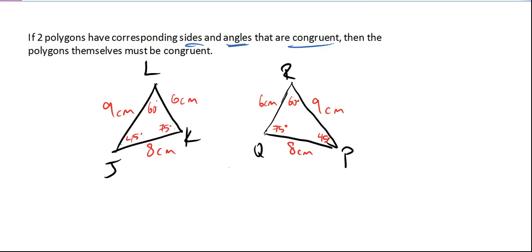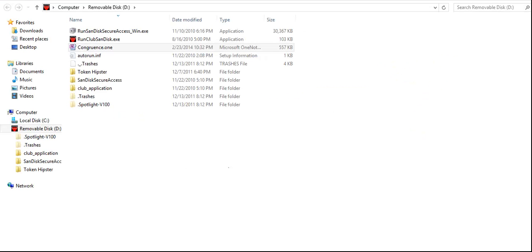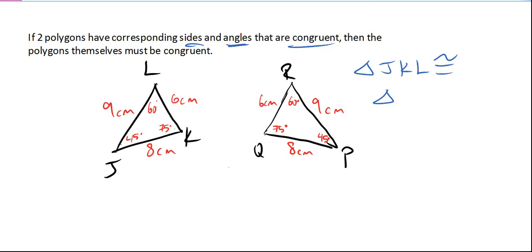And so the order is important here. For instance, if I'm going to say triangle JKL is congruent to something, I have to make sure that the order that I state it is in the same order. So which point corresponds with vertex J? That's P, right?